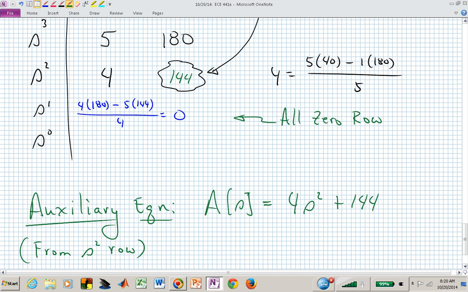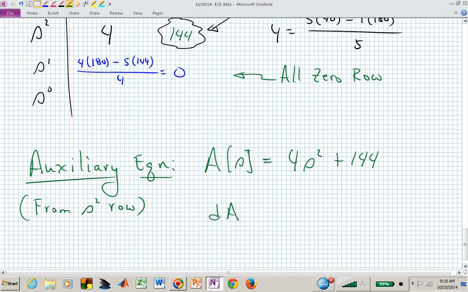And now what we want to do is populate the S1 row. We said we use the auxiliary equation to somehow inform what we do in the all 0 row. Now what we can do to make that polynomial one less in degree is differentiate it. So we differentiate the auxiliary equation and use those coefficients to populate the all-zero row. In this case, from this auxiliary equation, we have dA/dS, and this is why we spent a whole semester in calculus to learn how to differentiate.